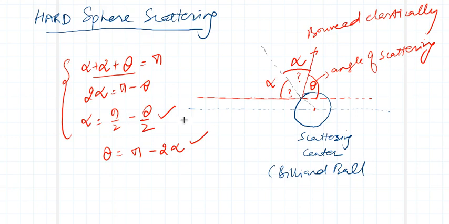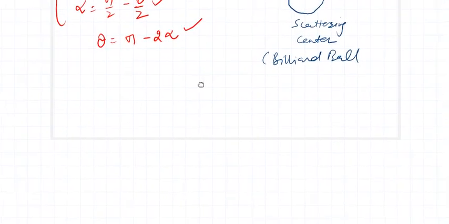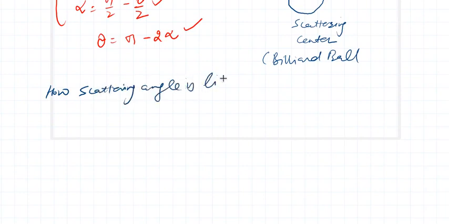How theta means how scattering angle is linked with the impact parameter. So now my objective is to find out how the scattering angle is linked with impact parameters.